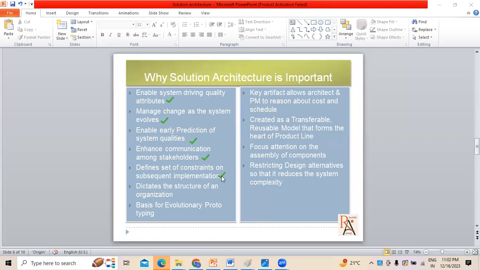Sometimes it will land on break even. That is point number one. Apart from cost break even, there can be cost failure also. Cost failure means failure in terms of the cost. It means what was allocated as a budget and what we have spent, there is a huge difference.